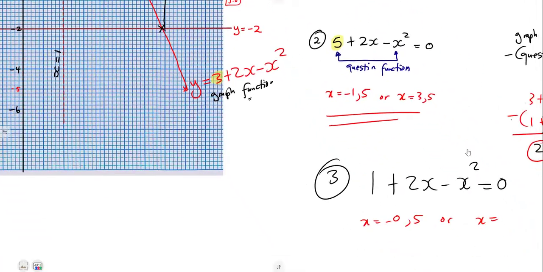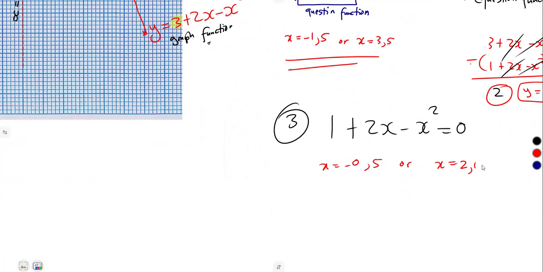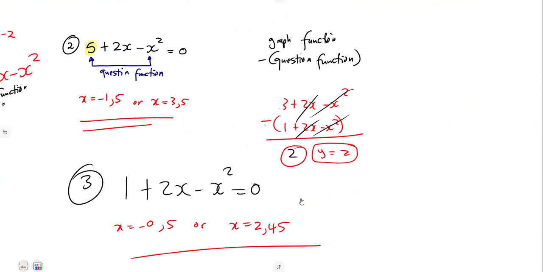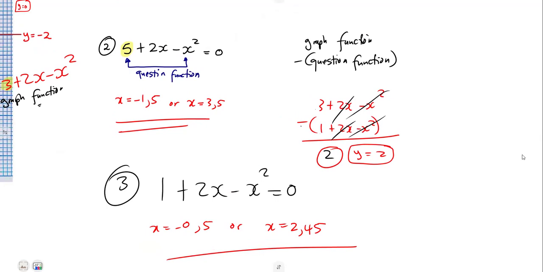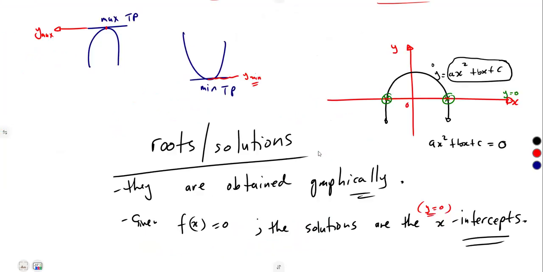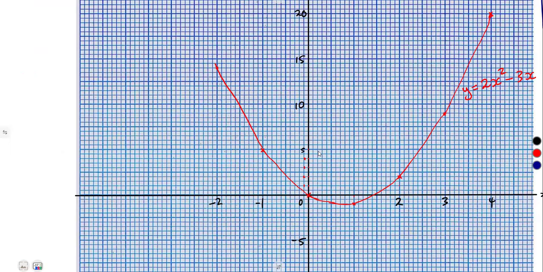So let's take 2.45 in between. You estimate according to the graph that you have. So that is how you play around with this type of question, right? When the two equations are different, graph minus question function, the difference is the one that you are going to work with. That is the same application, guys, that you're going to use, all right?